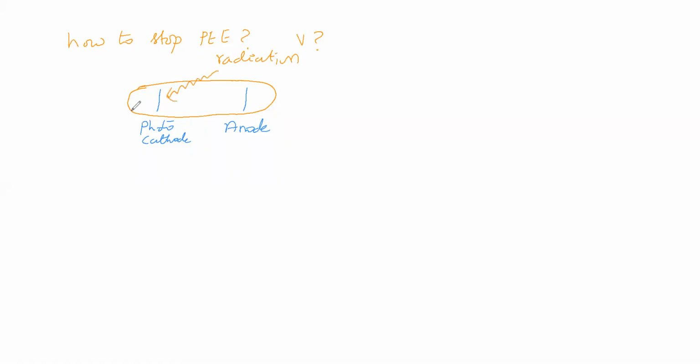So when radiation is exposed over the photocathode, photoelectrons are ejected out. The ejected photoelectrons move towards the anode. This effect is called the photoelectric effect. We know that. Now, what is the question? What is the voltage required to stop the photoelectric effect?